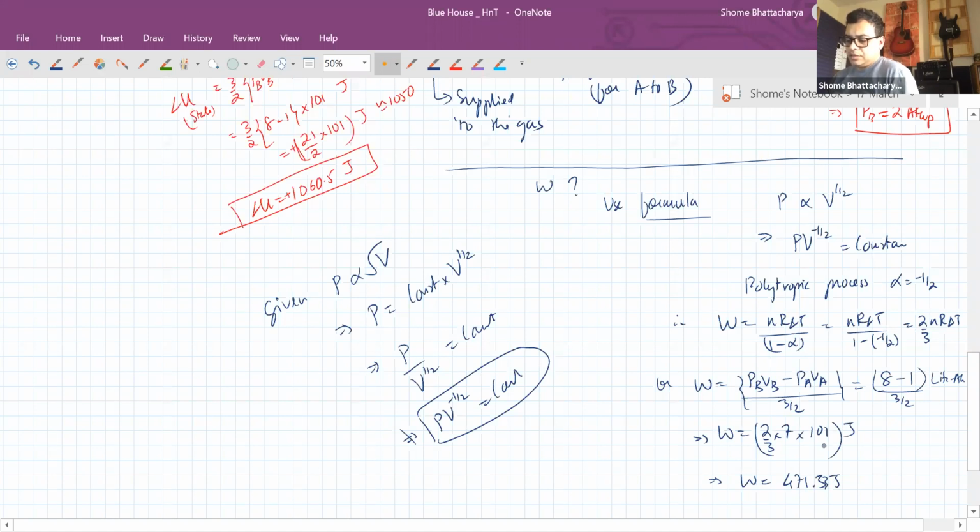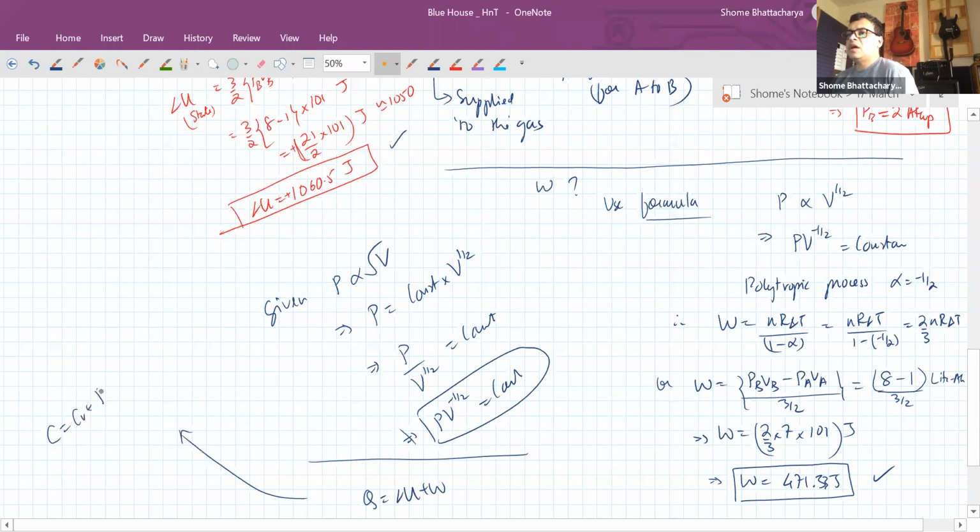Yeah. So that's done. Now once you have found these two, you don't even need a formula for Q, because Q you can just calculate as delta U plus W. So you already know these two, so you can add them up and calculate. Or alternately, you also have the formula that C for a polytropic process is Cv plus R upon 1 minus alpha.